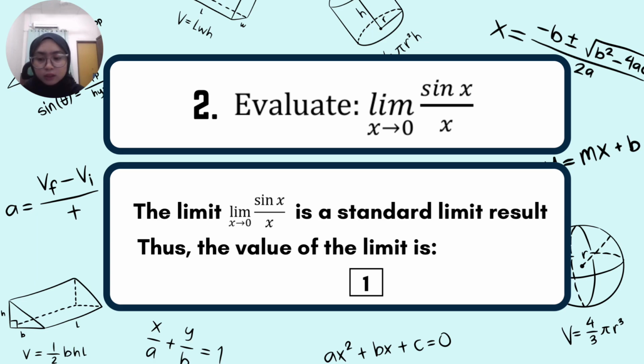Based on the squeeze theorem and established calculation rules, the value of the limit as x approaches 0 of sin x over x is always equal to 1. Therefore, the value of this limit is 1.